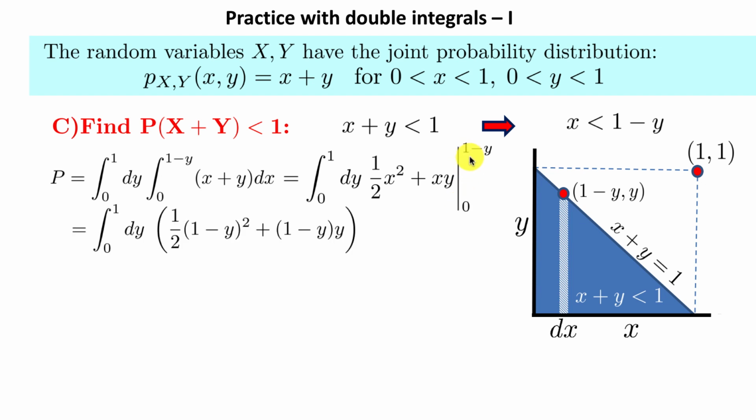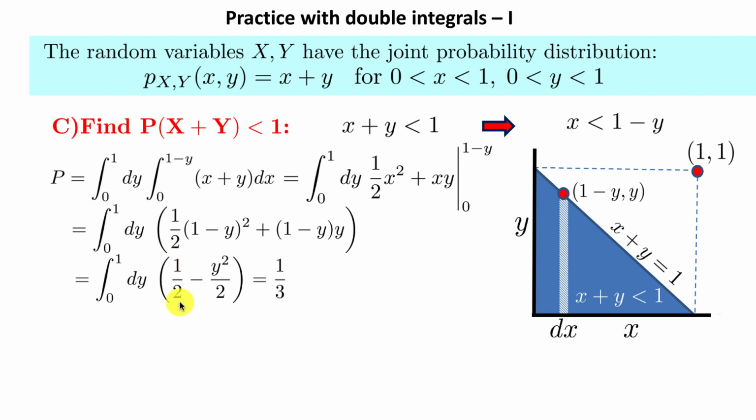Just put those in, and instead of x, you're going to get 1 minus y, so we have half into 1 minus y squared. This lower limit does not contribute, and similarly over here, xy will give us 1 minus y into y. Just simplify this. You can see pretty clearly that this over here is half minus y squared over 2.